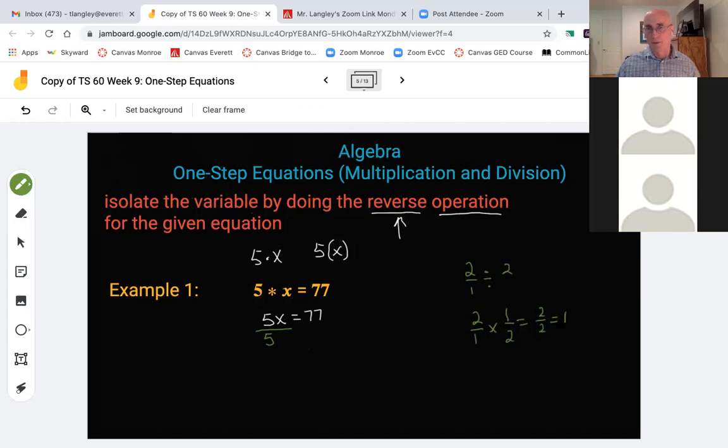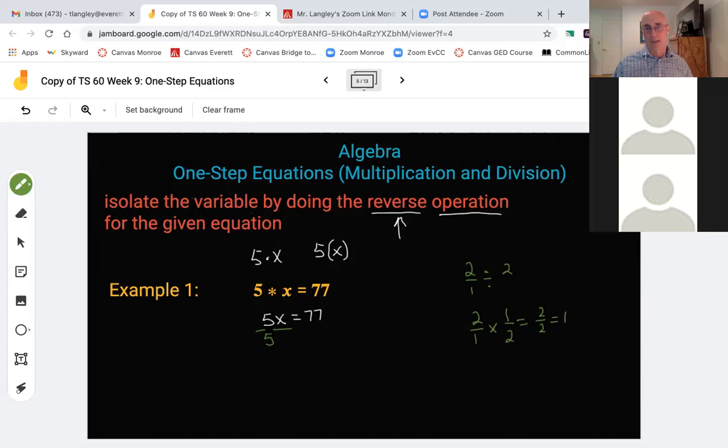Anything on top of itself is 1. So likewise, I know that if I have 5x and I divide this side by 5, I turn this into 1. That cancels out the 5s.